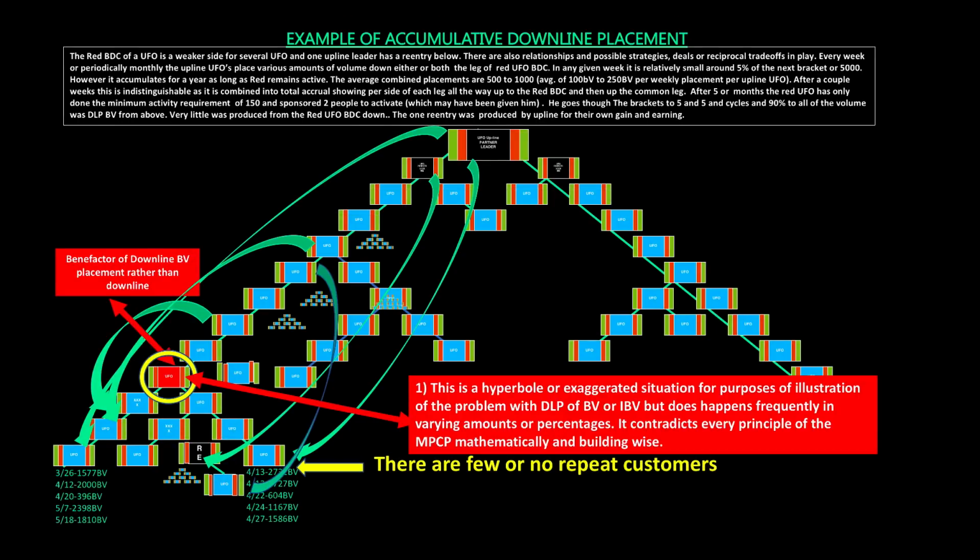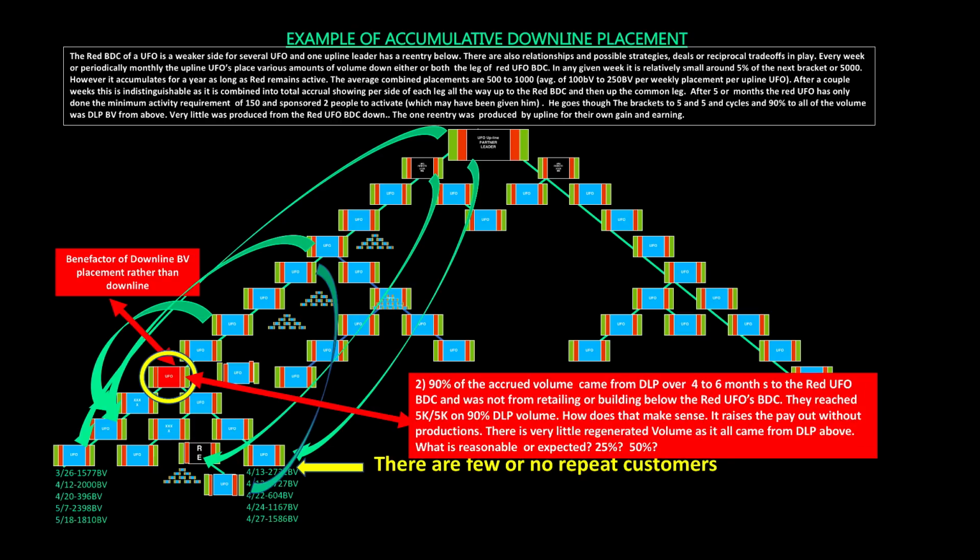So this is a hyperbole or an exaggerated situation for the purposes of illustration of the problem with downline placement of BV and IBV. But it does happen frequently in varying amounts. Not maybe that big, but it has happened that big. And it contradicts every principle of the MPCP mathematically and building-wise for lasting success.